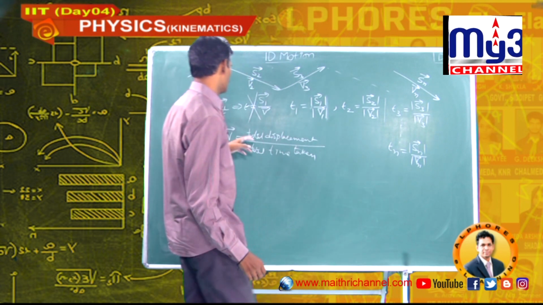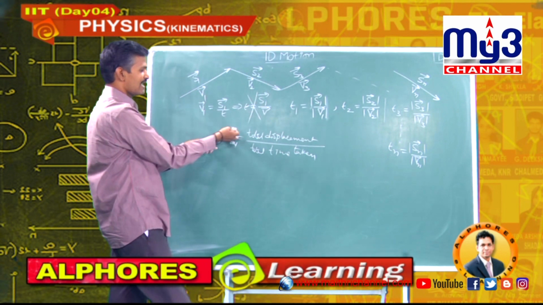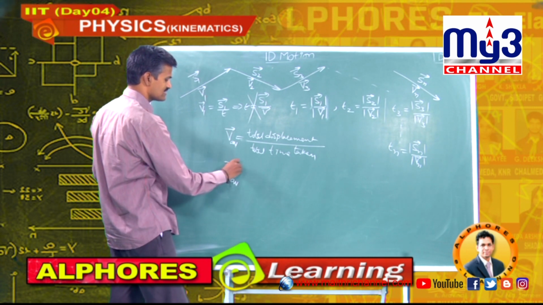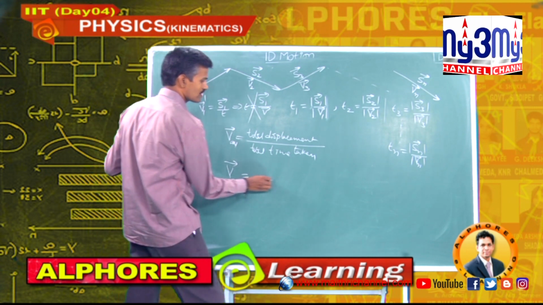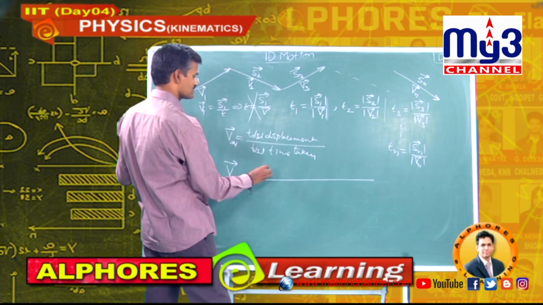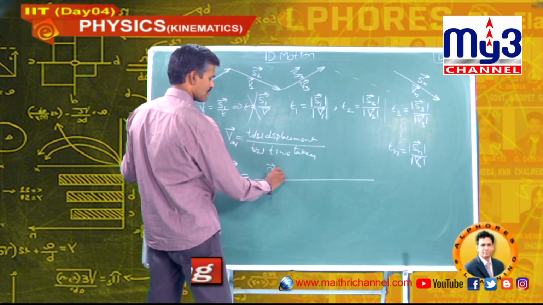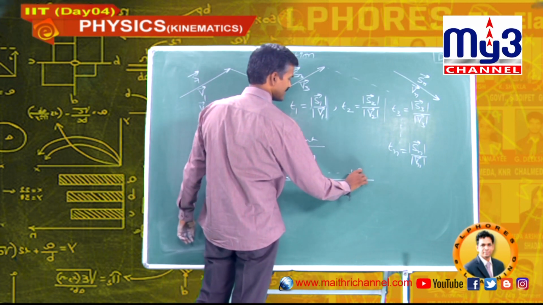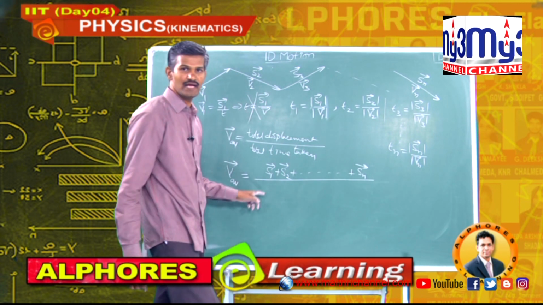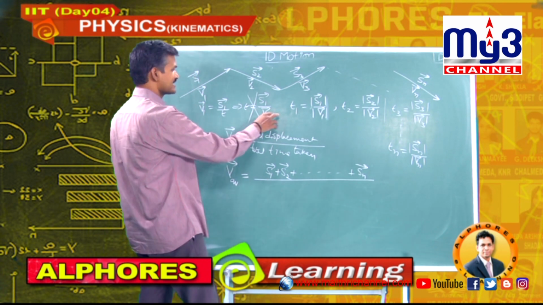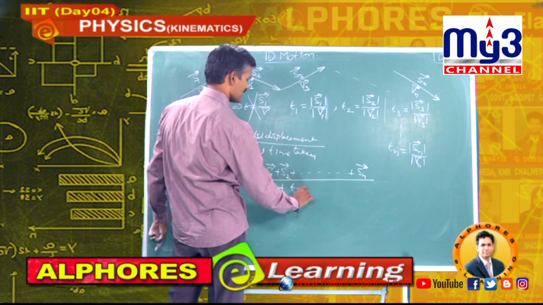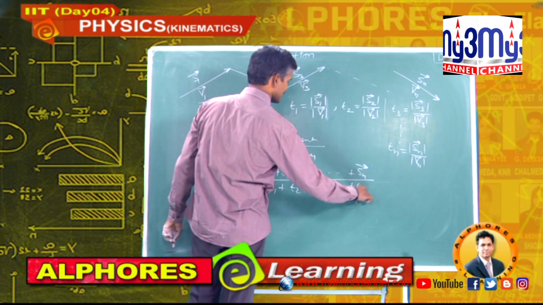So, on substituting the values, the average velocity equation becomes total displacement, S1 bar plus S2 bar and so on plus Sn bar, by total time, T1 plus T2 and so on plus Tn.